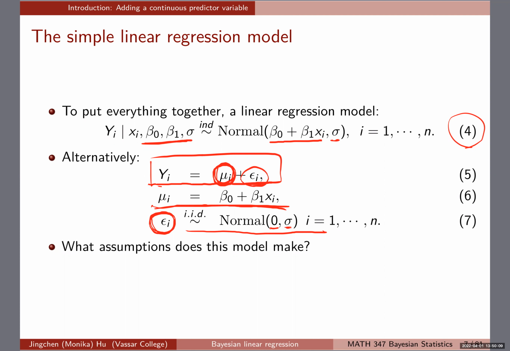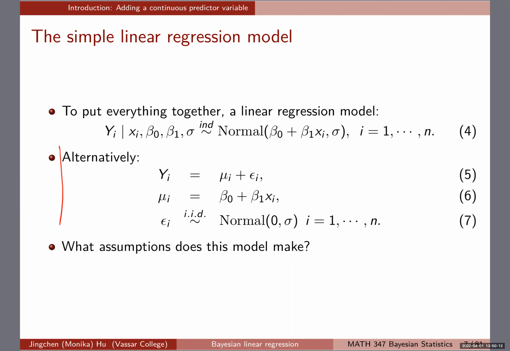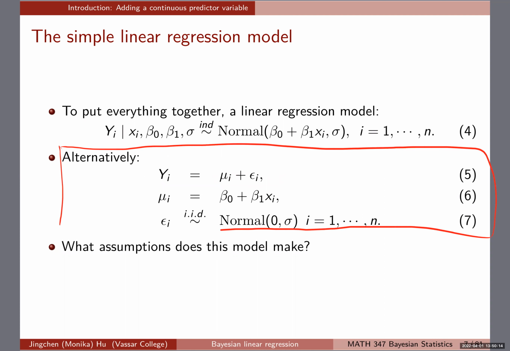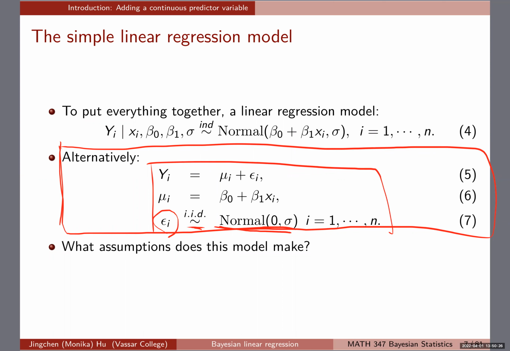And like I said, if you have taken a course related to frequentist regression, this is what I circled or put in the box right now over here, because the model is set up in this way, where the error term is assumed to be normally distributed. That's why in the frequentist methods you might have seen in the past, one aspect of model diagnostics is to check if the residuals are normally distributed.